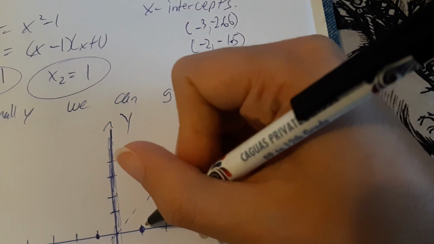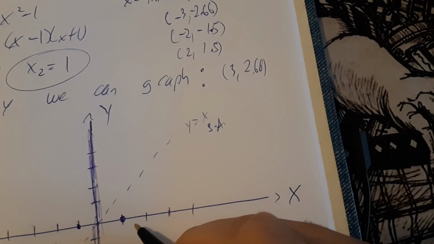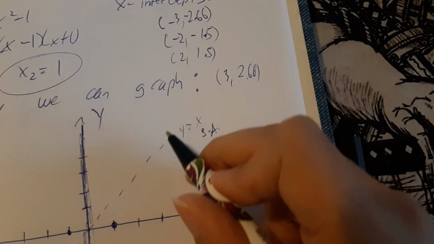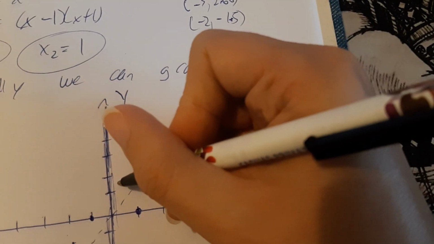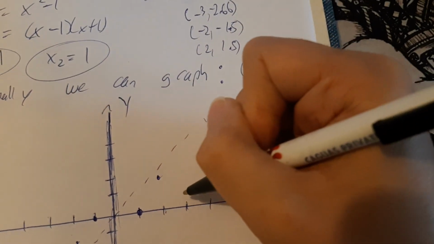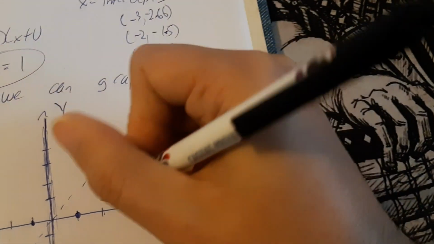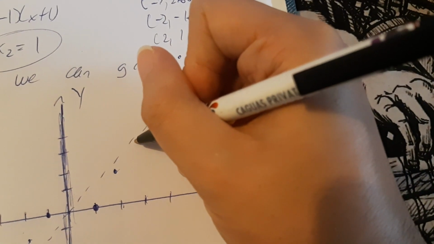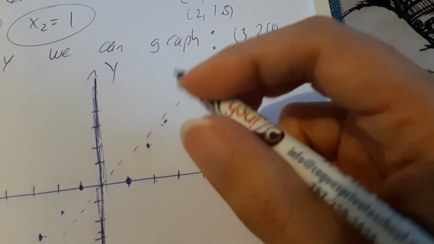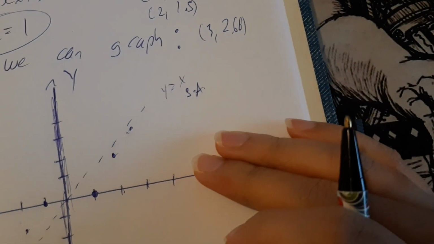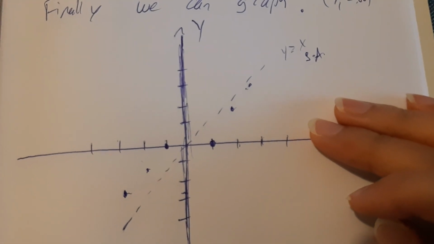And then for positive 2, +1.5, it would be somewhere around here. And then +3, positive 2.66, which would be somewhere around here, not at 3, a little bit lower. All right, let's see, are we missing something? And then we just make the graph.